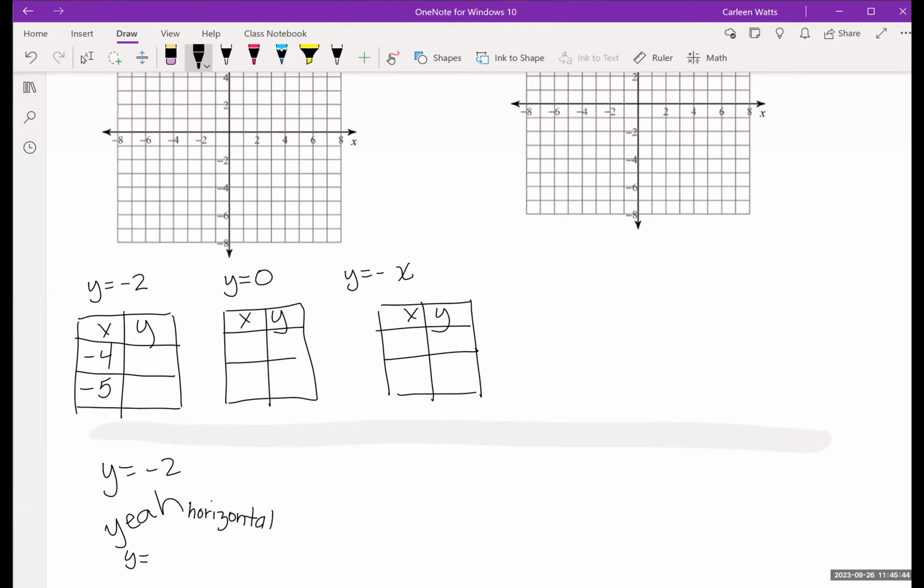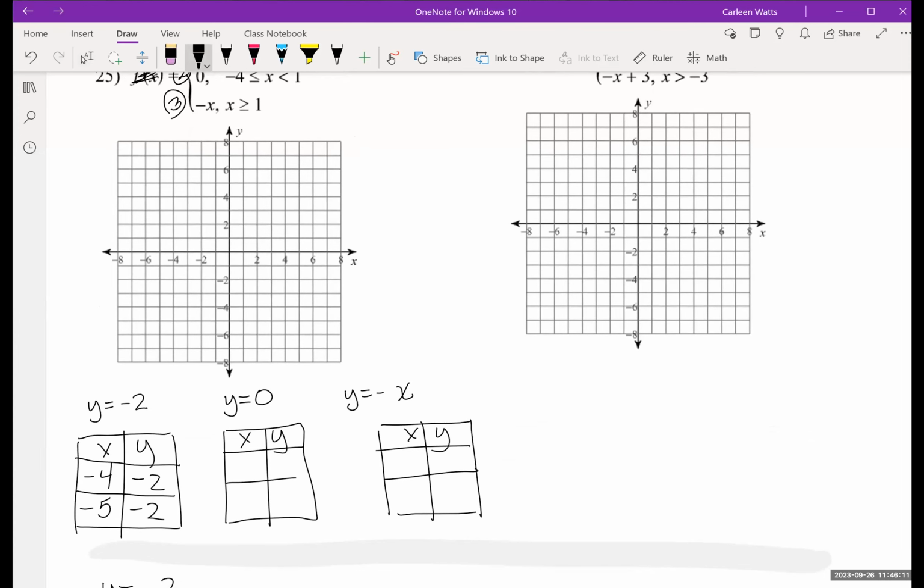When x is -4, y is -2. When x is -5, y equals -2. There is no variable for this part of the equation. No matter what x is, y is -2.